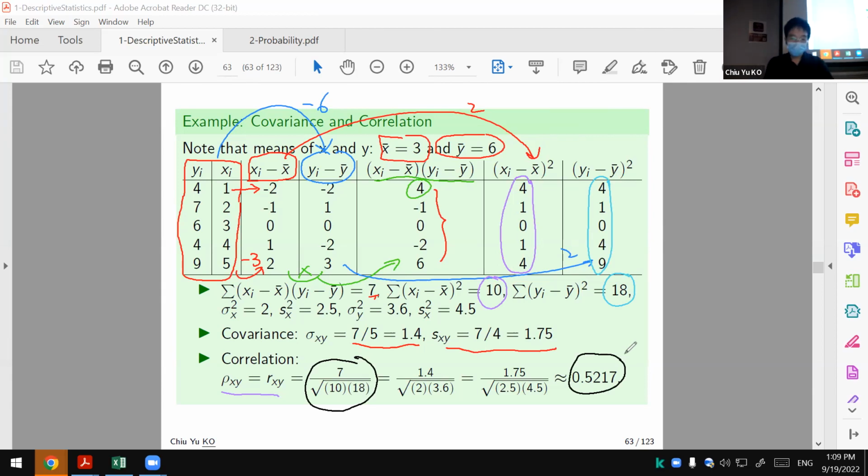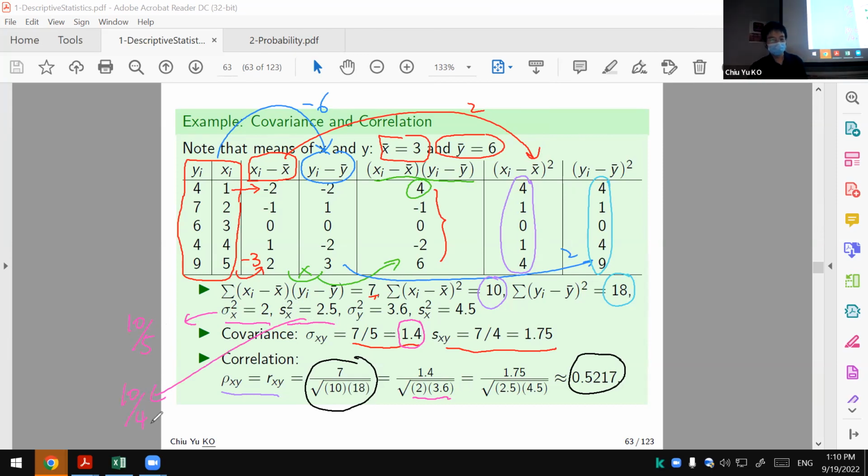But as we know, we can also use a method that relies on covariance and the standard deviations. Based on what we have here, you can calculate this: it is 2 and 2.5, because this comes from 10 over 5, and this comes from 10 over 4.